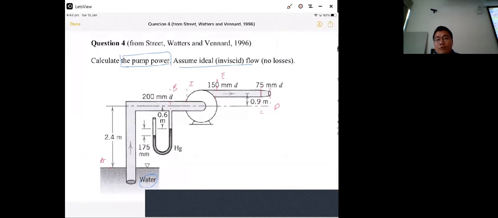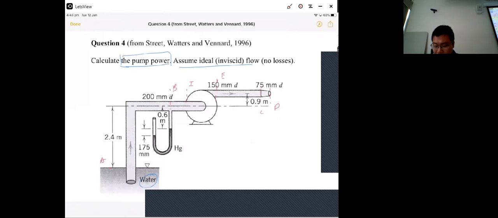A and I. Between A and I, we don't have the pump. So when we write the energy equation between A and I, we don't have S pump. So not A and I.